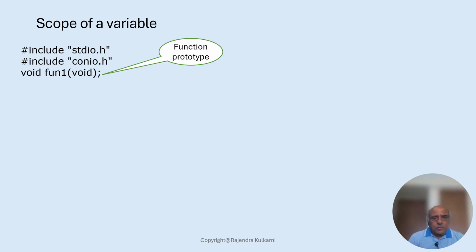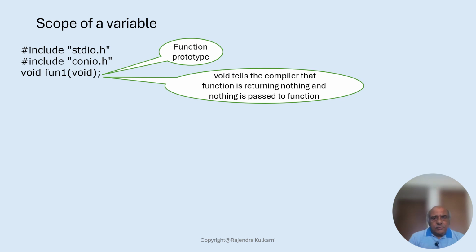Again, in this program, what we are trying to understand is the scope of a variable. The function prototype is declared as void fun1 with void in the parenthesis. Then in main, we declare one variable, int i is equal to 100.